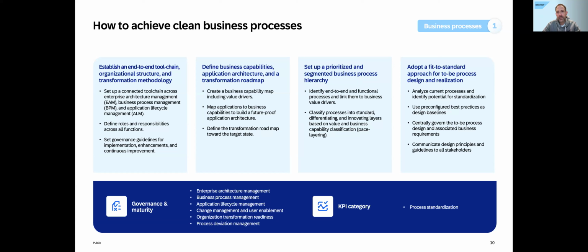And the pace layering that you might know, where you basically cluster and classify business capabilities, that's something that you could also apply, or that you propose to apply, on the business processes. Saying, hey, this is a process like sending an invoice. This is a non-differentiating process. I don't create a competitive advantage if my invoice looks different than the invoice of my competitor or of anyone else.